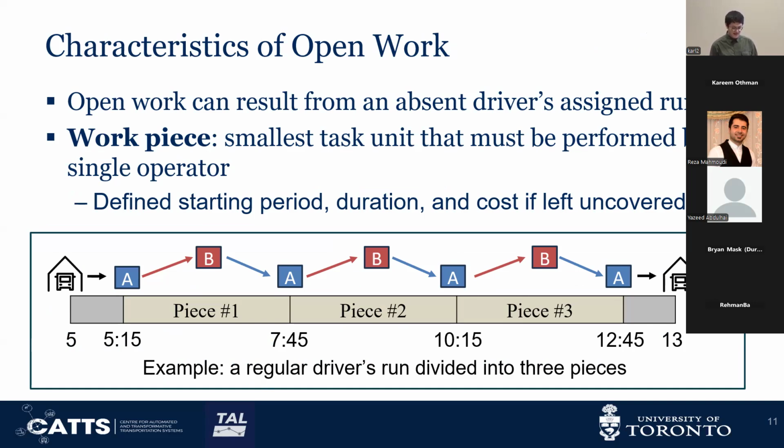So for example, we have this driver who's assigned to operate between point A and B in 3 round trips. So we can say that each round trip is a work piece where they have to be there for the whole round trip. And if this regular driver is absent, all 3 of these work pieces are open work pieces.